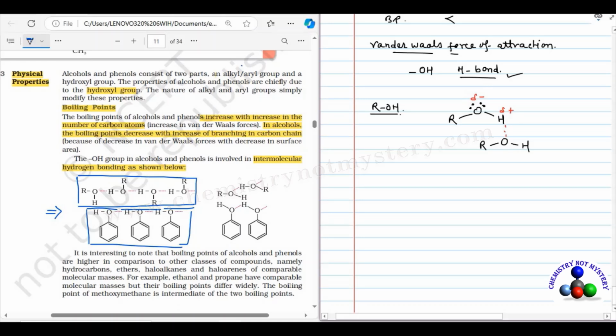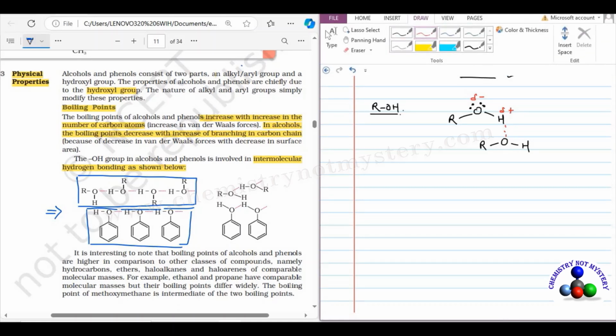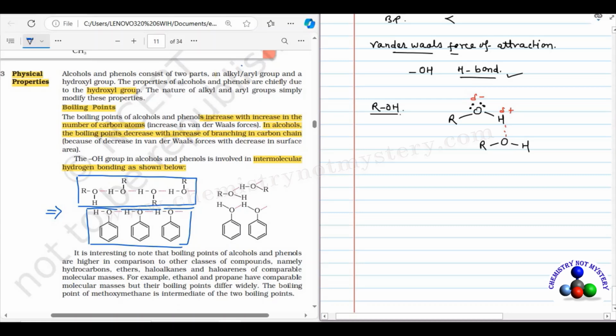Now let's try to draw hydrogen bonding between two phenol molecules. So this is the benzene ring, it is bonded to oxygen and oxygen is bonded to hydrogen. Similarly, you can draw another structure here. So this is benzene, another phenol molecule.